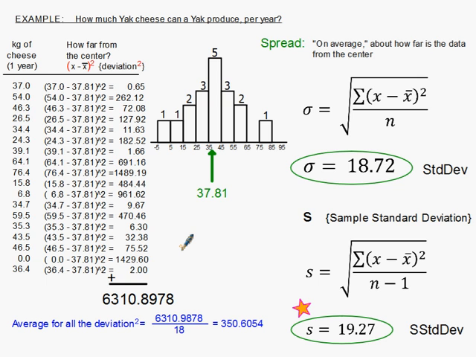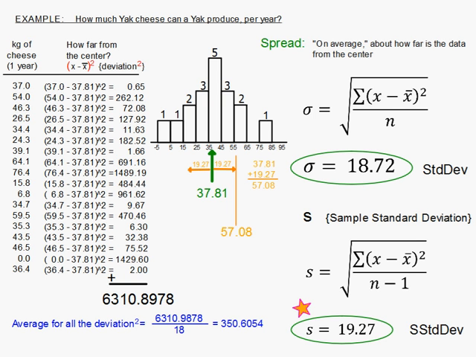Well, let's figure out what this is really telling us. Sample standard deviation works the same as population standard deviation, which is what sigma is often referred to as, used when you know all of the measurements. So if we go 19.27 above our mean, we get to this point.